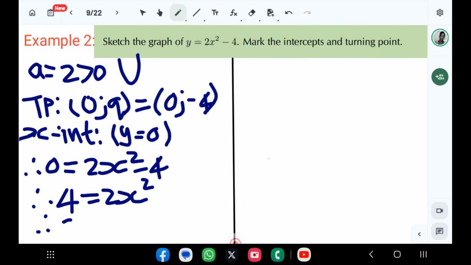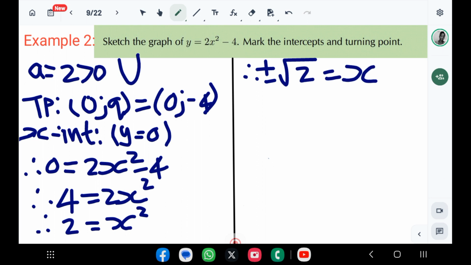That gives you 2 equals x squared. Therefore, x is plus or minus the square root of 2, which, taking out a calculator, is approximately 1.41.